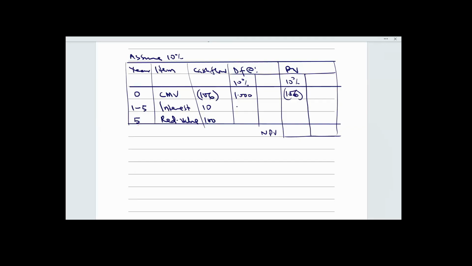Now, somebody should give me annuity factor of year 1 to 5 at 10%. We did it last week. Yes, who is helping us? Quickly. Annuity factor year 1 to 5 at 10%.